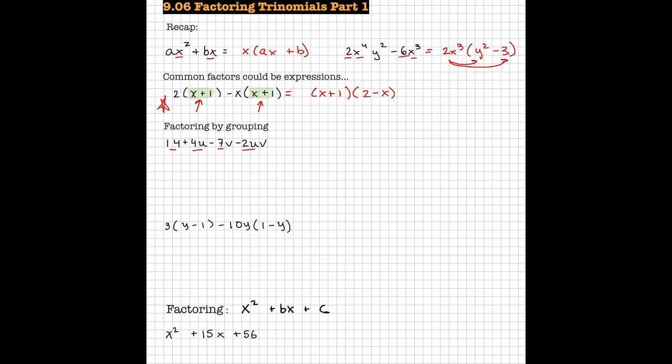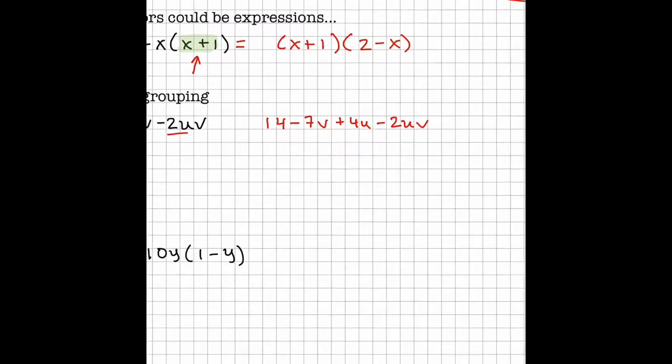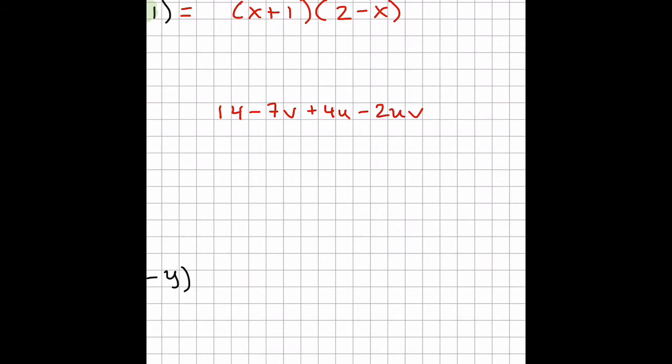I would have 14 minus 7v plus 4u minus 2uv. And then I can group the terms that I want to factor.